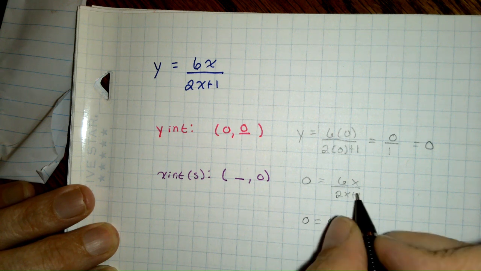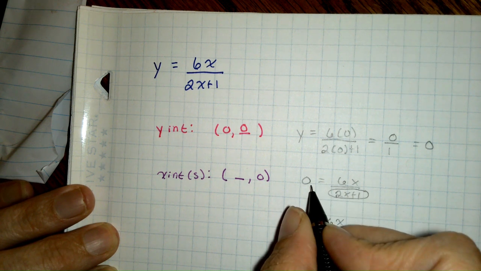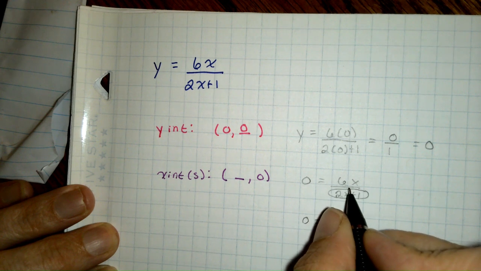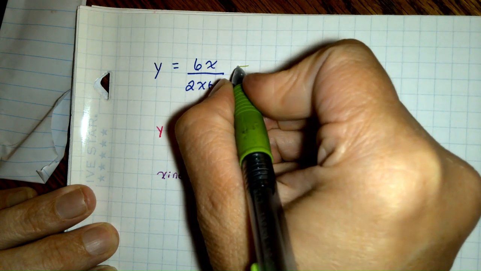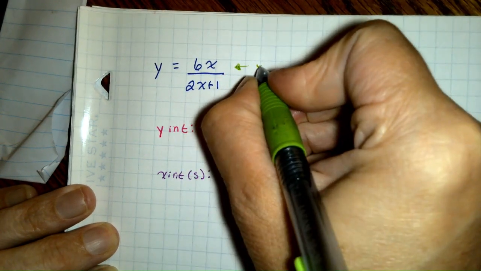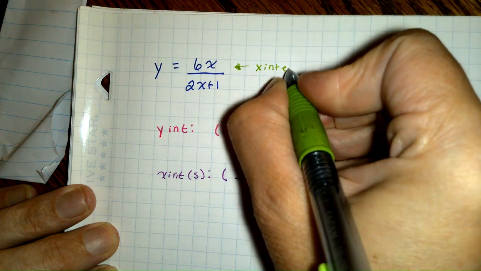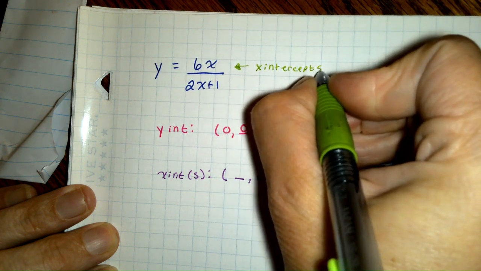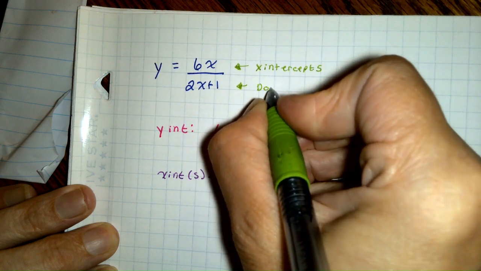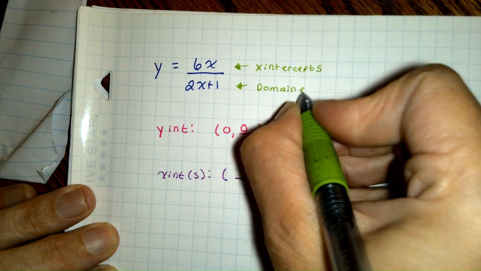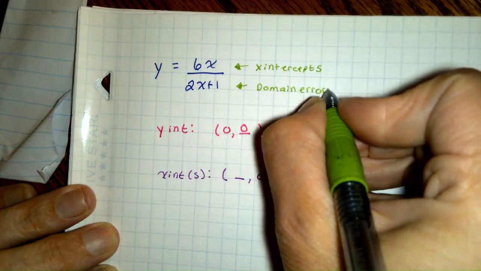Will that always happen where when you multiply your denominator over, you'll just be left with the top? Yes, absolutely. In fact, just a quick note, shortcut: the top gives you your x-intercepts, and the denominator gives you your domain errors. In other words, what x cannot be.